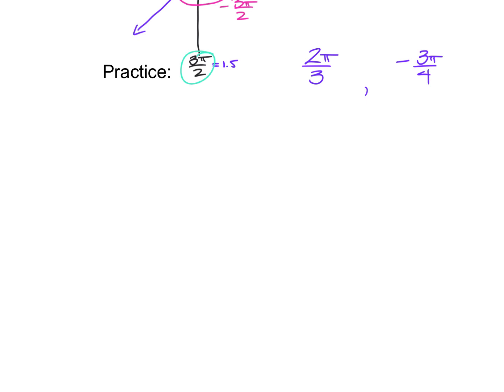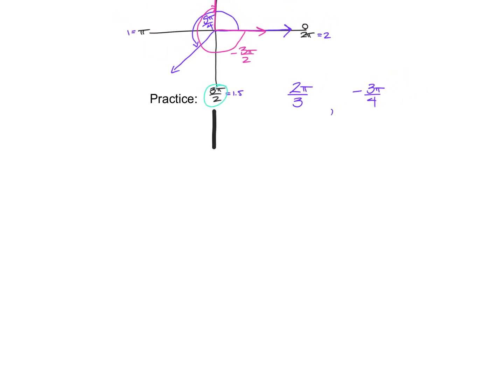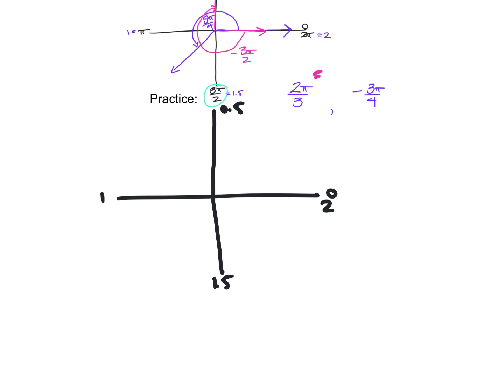My practice one's here. So I'm still thinking in terms of my quadrants. I've got 0 pi, 0.5 pi, 1 pi, 1.5 pi, 2 pi, and so on. Now, I would probably actually write the pi's, but 2/3. 2/3 is about what? 0.6 repeating, yeah?